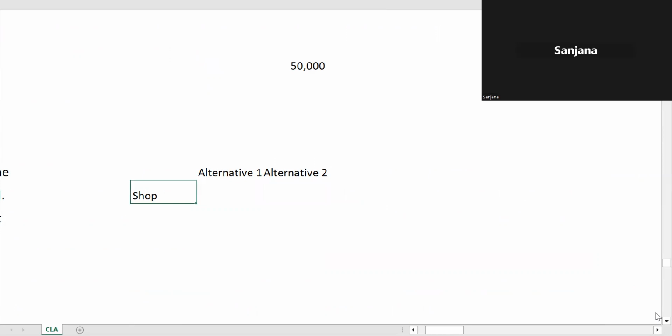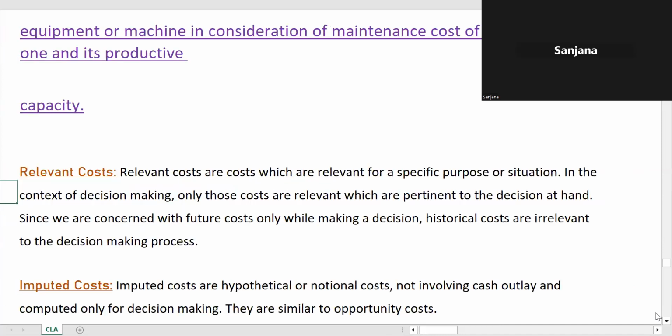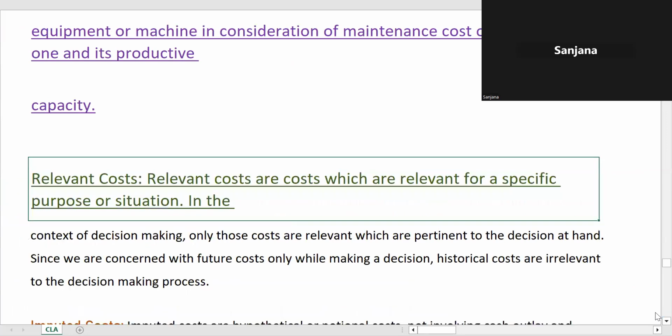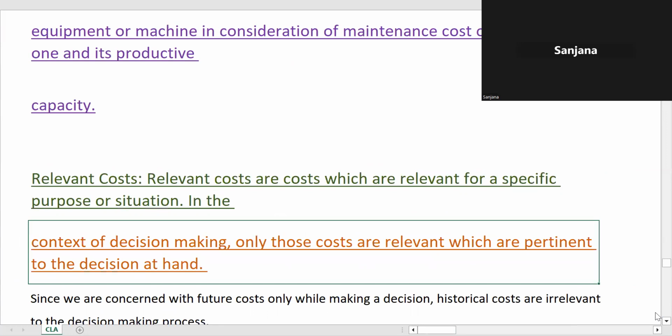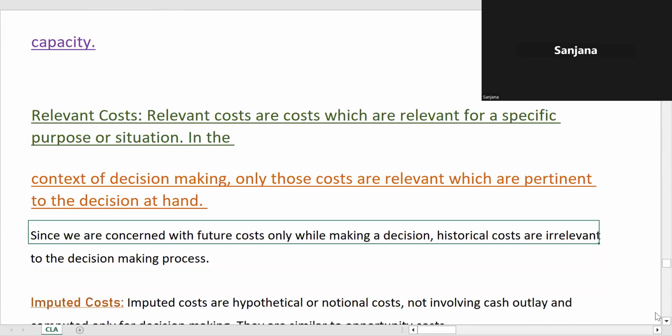So this cost is what you will not be considering for decisions. It is called irrelevant cost. Relevant cost in decision making is what is different in both the alternatives. Only then will it enter your decision. Whatever is common for both will not enter your decision. It should be relevant for a specific purpose or situation. So this is mainly used in decision making, relevant cost.